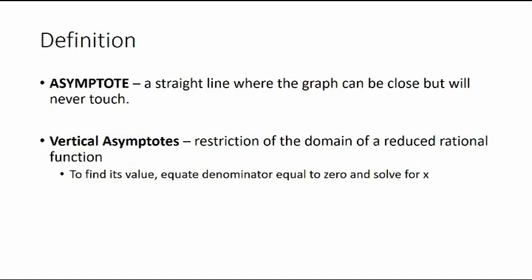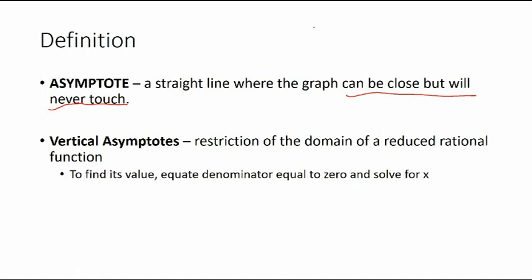Next is an asymptote. An asymptote is a straight line where the graph can be close but will never touch. Remember this one. It can only be close but it will never touch.